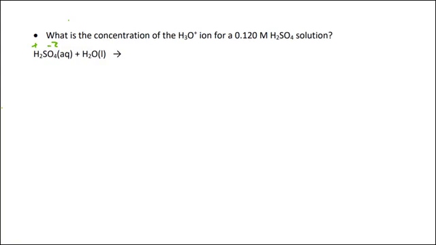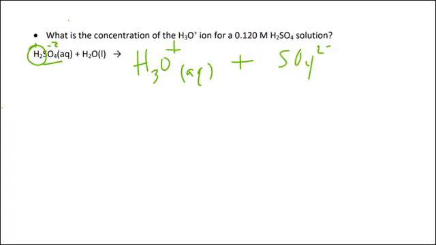So we also know that acids like to donate that H, right? Because we want to end up with H3O+. Well, if there's 2 H's here, it's going to create that H3O+, and it's going to separate here, right? And that's aqueous. And it's going to give us our SO4 2-, also aqueous.